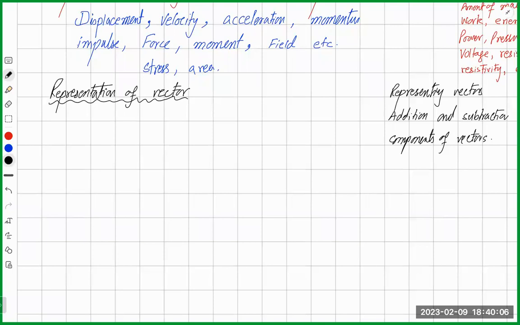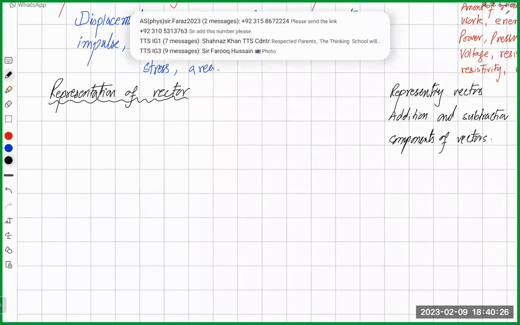Scalars can be easily understood. All you need to do is just write a number with a unit. That's it. Why do we need a diagrammatic representation of vector? The answer is because it will give a visual about the direction of the vector.